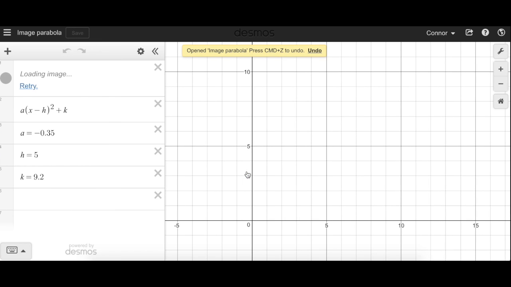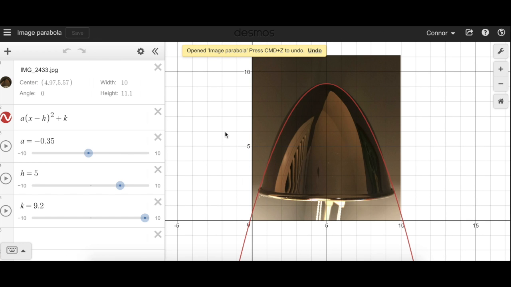Now, using a real life example, I took a picture of a lamp and I stretched the photo, and I was able to use sliders to help me figure out what the parabola would look like.